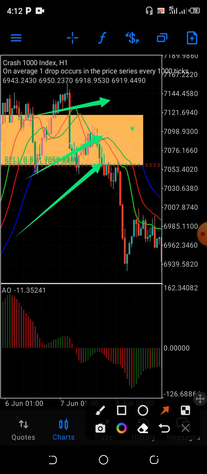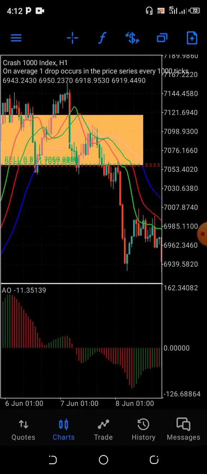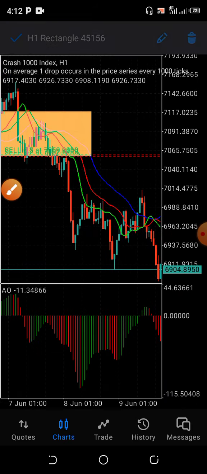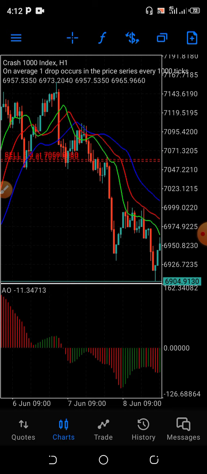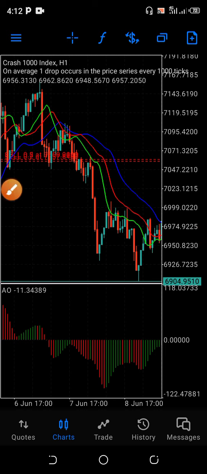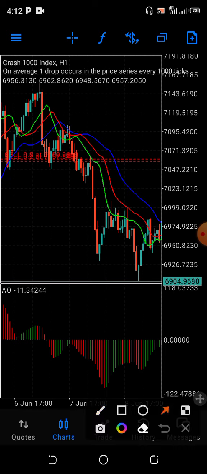When I enter the trade, my stop loss is here. Small capital here, huge capital here. Do you get that now? That is how I placed my trade.